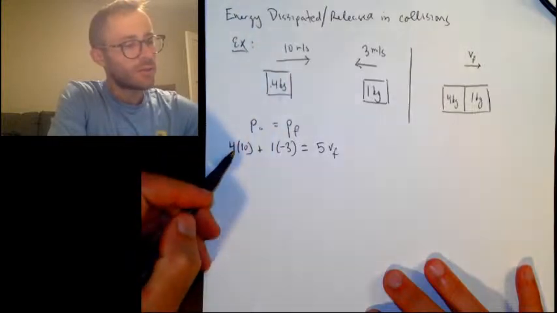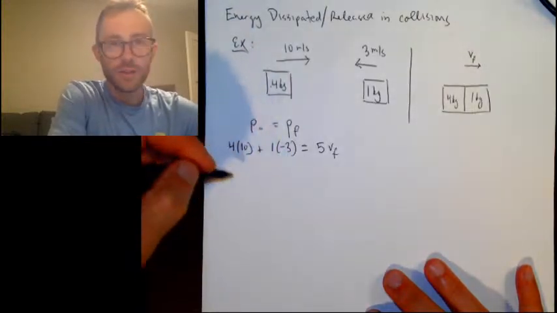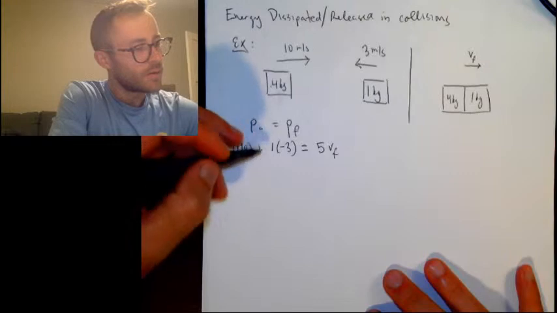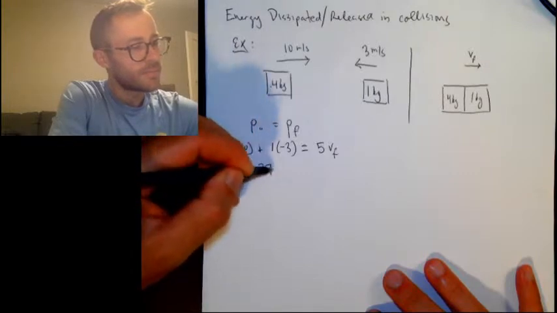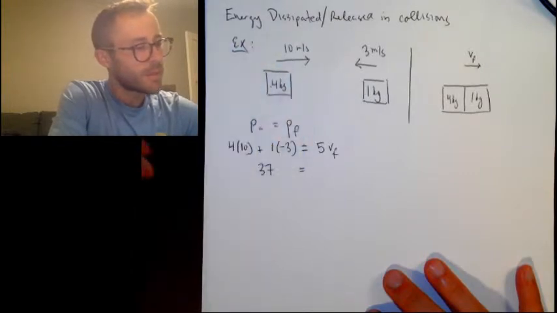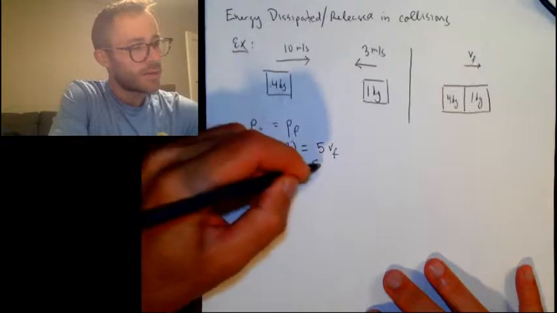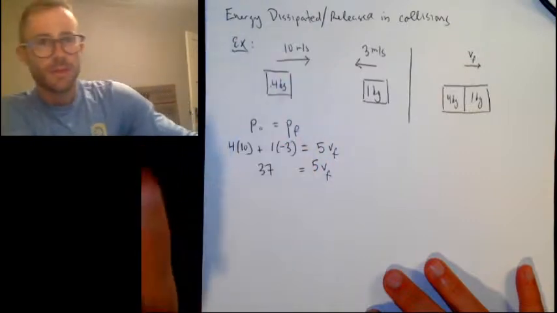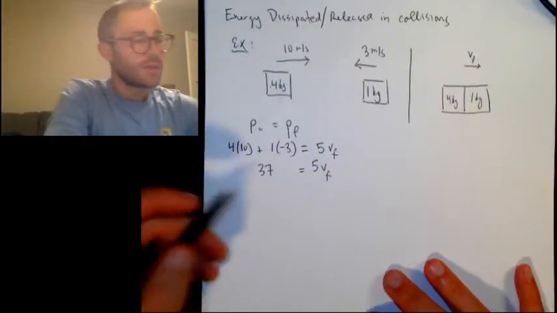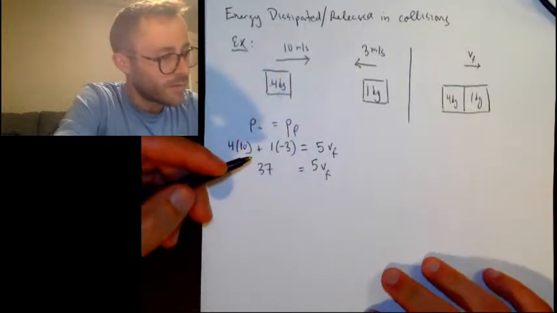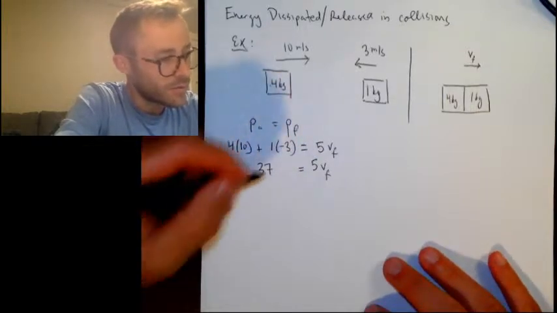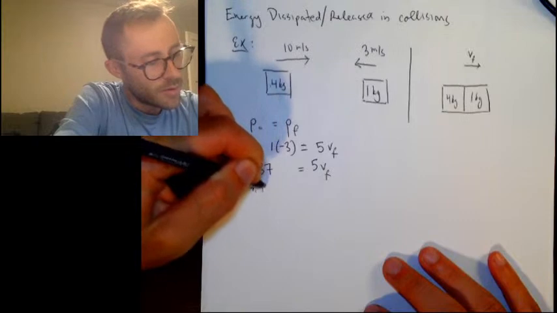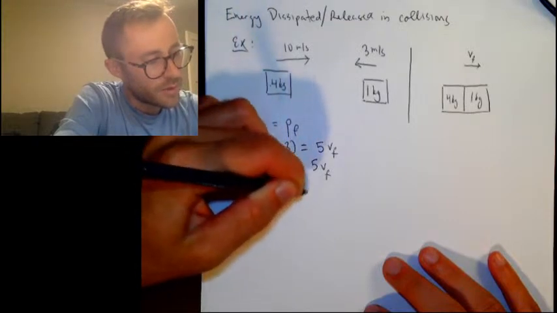Okay, so we have 40 minus 3, that is 37, equals 5 V final. Okay, so dividing both sides by 5 gives 7.4 meters per second is V final.